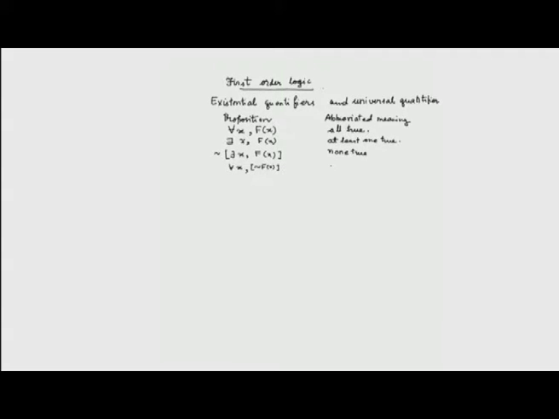That means all false. Fifth, there exists x not f x. This means at least one false.